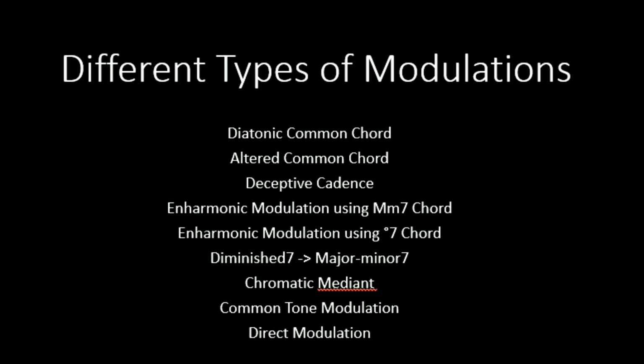But there's diatonic common chord, there's altered common chord, deceptive cadence, and harmonic modulation using the major minor seventh chord, and harmonic modulation using the diminished seventh chord, all those things that you can read about. So if you wanted to look up more about how to do these, you can do that from this slide, or let me know in the comments if you'd like me to make videos on these different types of modulations. But like I said, the whole goal of today is just to introduce you to modulations.